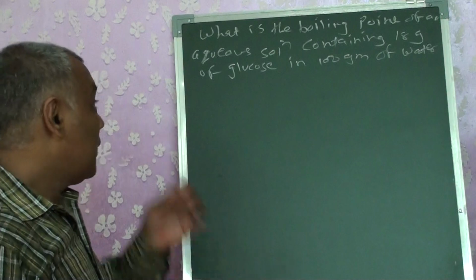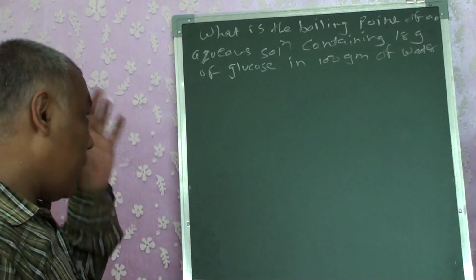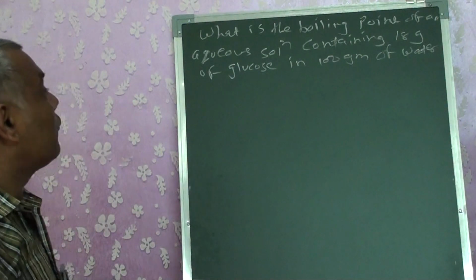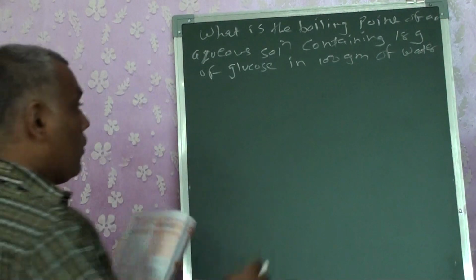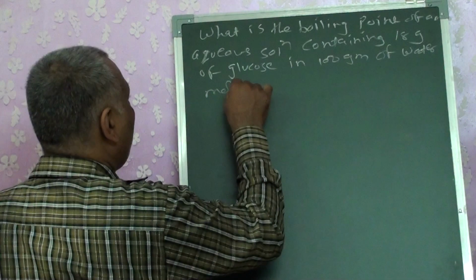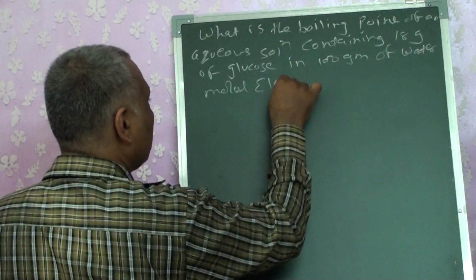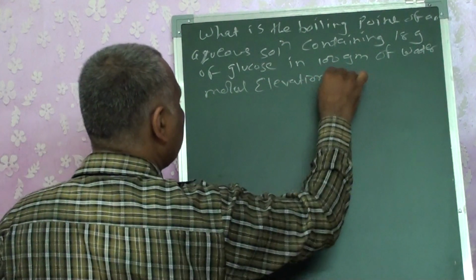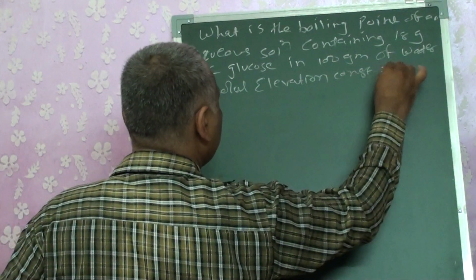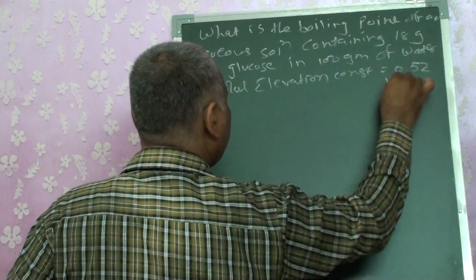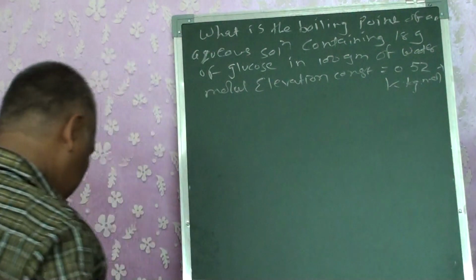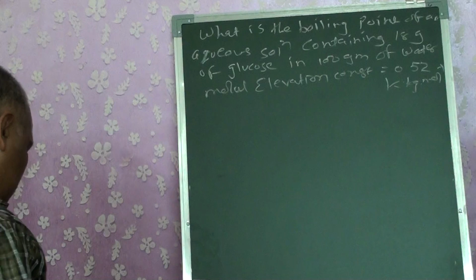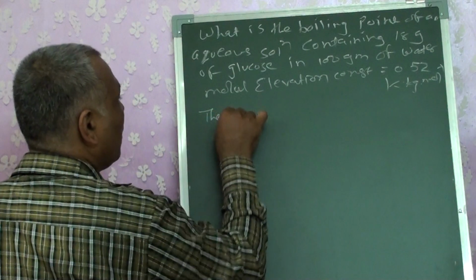It's told to us: what is the boiling point of an aqueous solution containing 18 gram of glucose in 100 gram of water. The molar elevation constant is 0.52 kg per mole. Now this is given to us, this is a constant.